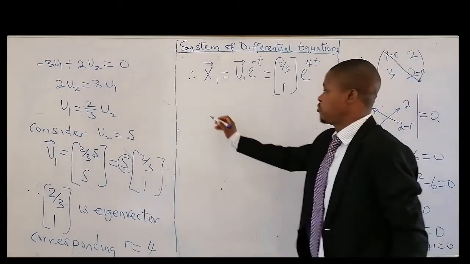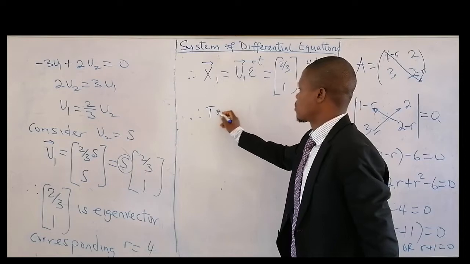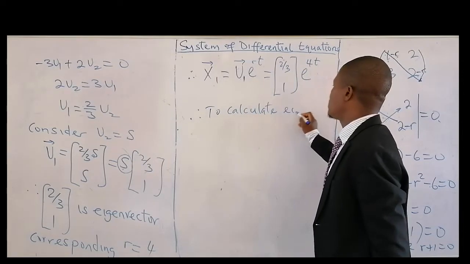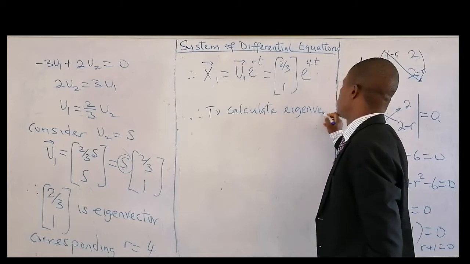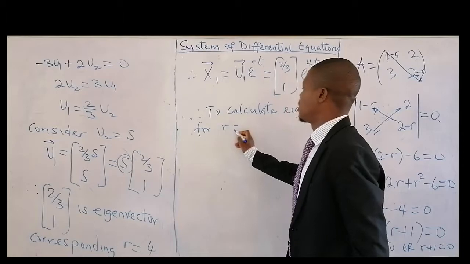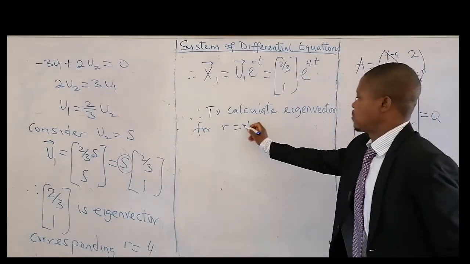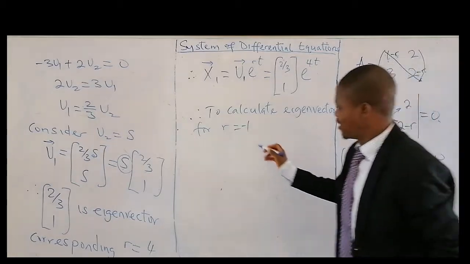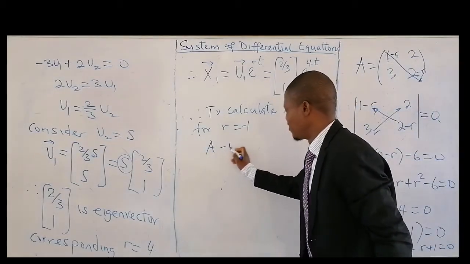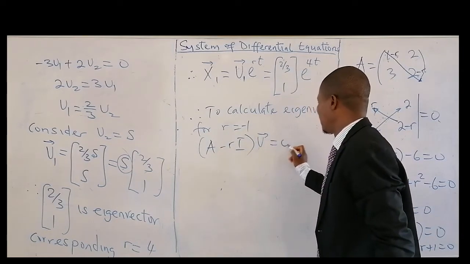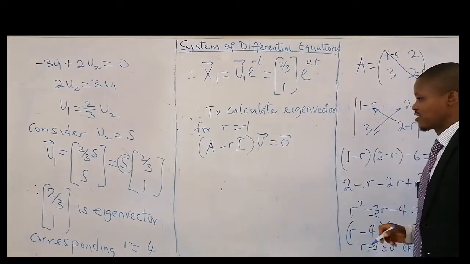So then the next thing to do now is to calculate the eigenvector for r equal to minus 1. Okay? And to do that, we use this system to get the eigenvector.